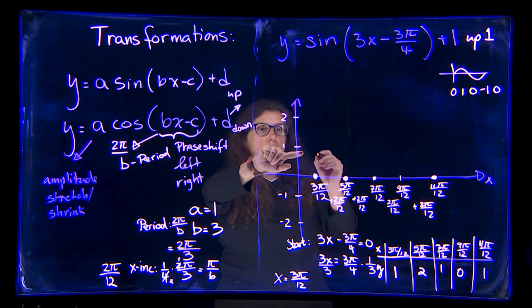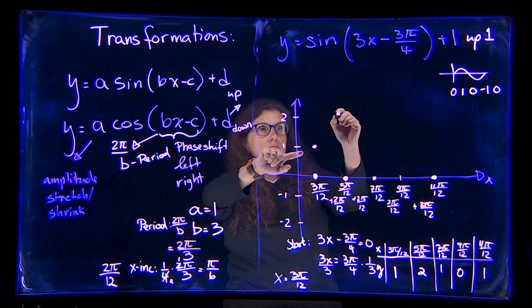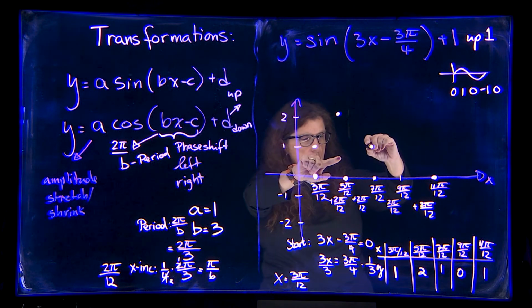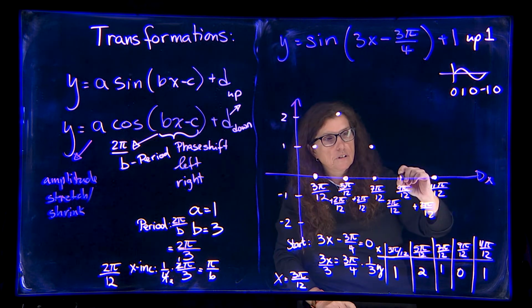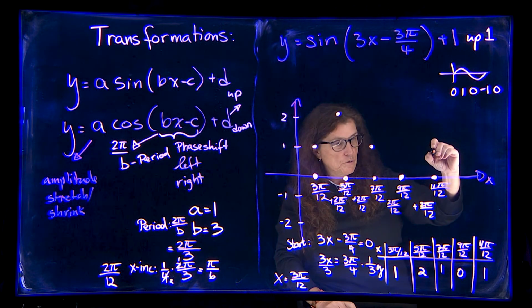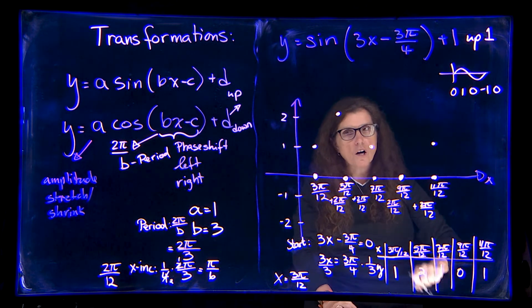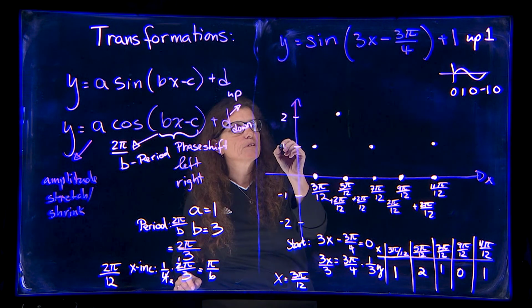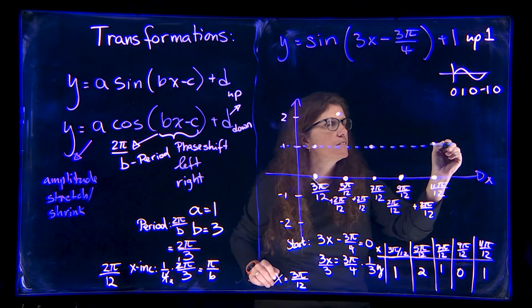3 pi over 12 is 1. Then we go to 2. Then we go back to 1. Then we go to 0. And we go back up to 1. So 1 now is really kind of, if I make a dashed line here, my new axis.